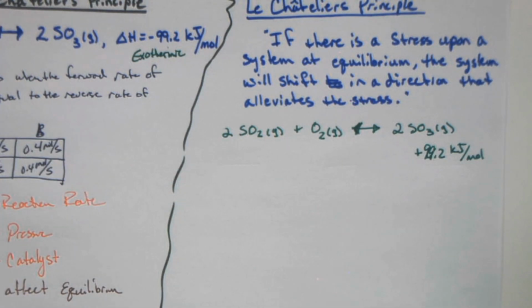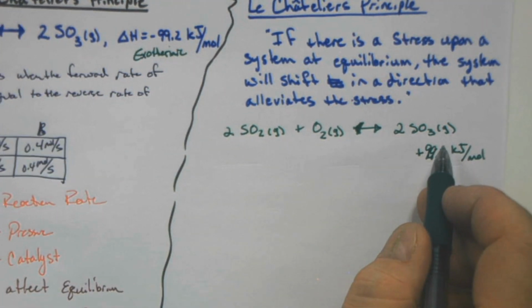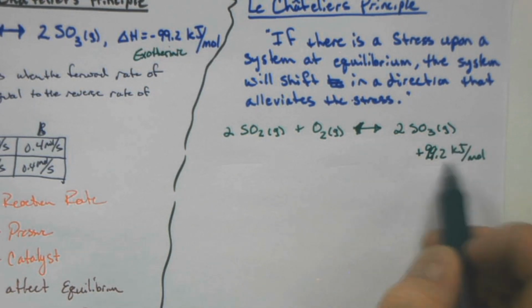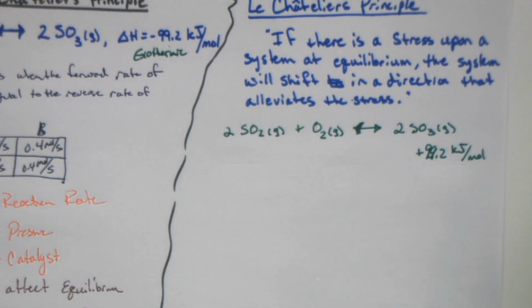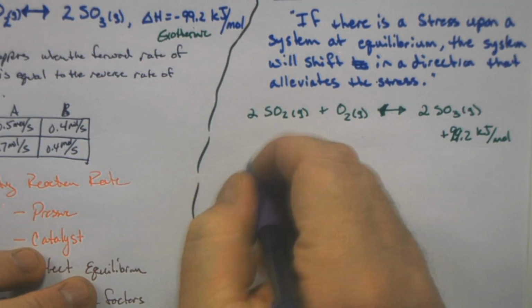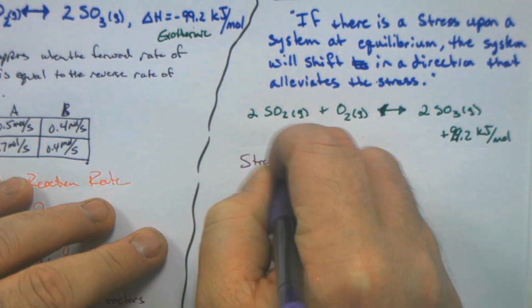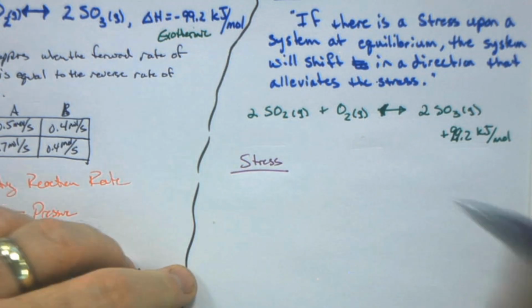Okay, usually you'll see the reaction as written so that the energy is a product. And so they usually write the forward reaction as the exothermic reaction. Okay. So here's what we're going to do. We're going to talk about a stress. I'm going to give you guys a stress to the system.